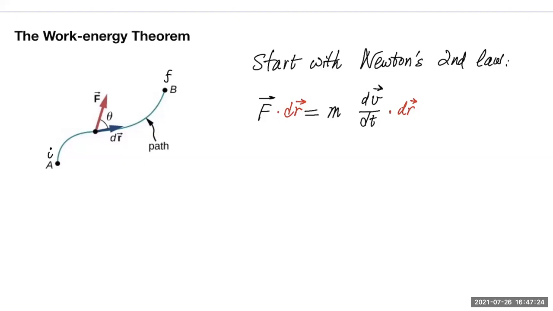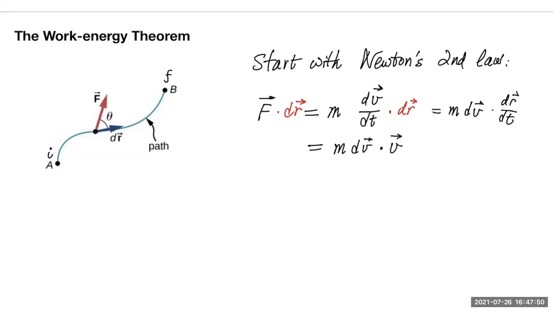So I have a new expression on the right-hand side, m dv dot dr over dt, right? Now we all know dr over dt is just v. So I can further rewrite the right-hand side as m dv dot v.